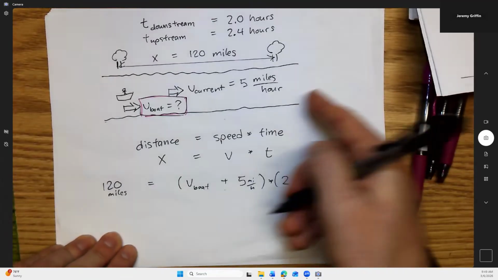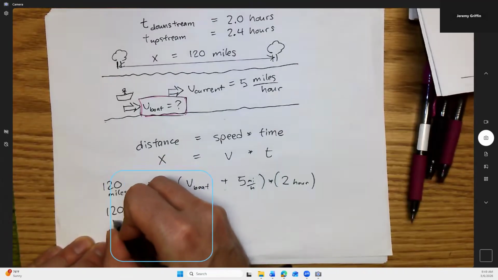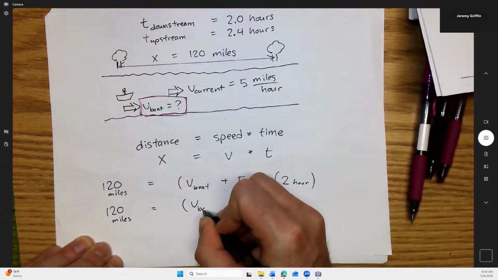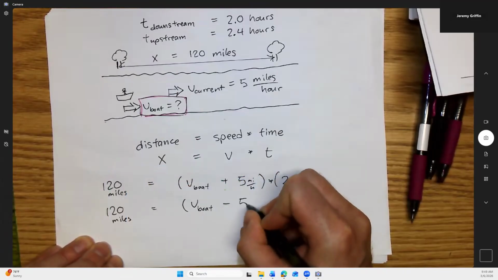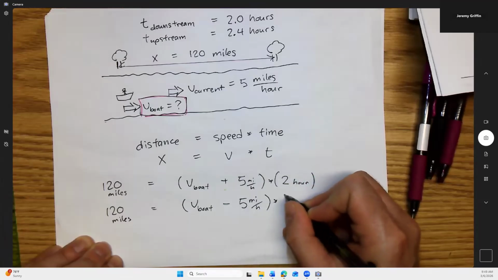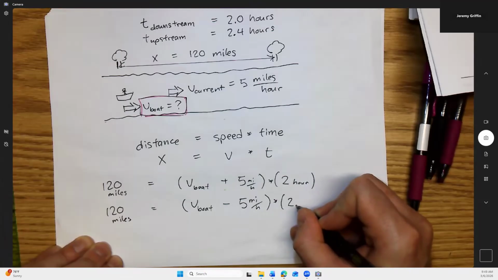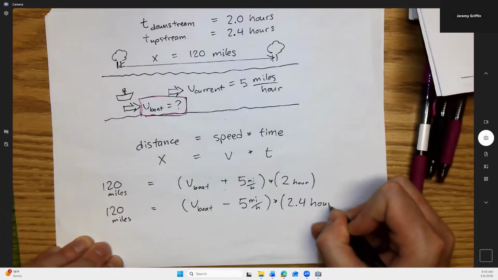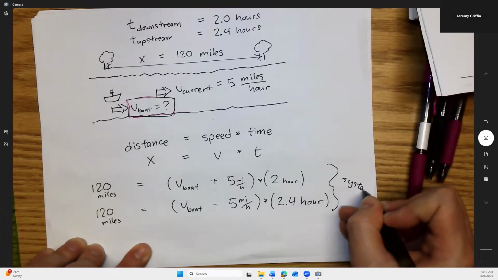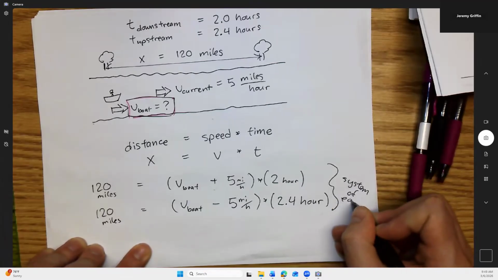Now, go back the other way. It's still 120 miles back the other way. But now it's the speed of the boat minus the speed of the current, which again, we know the value, 5 miles per hour. And this takes more time. So this right here is your system of equations.